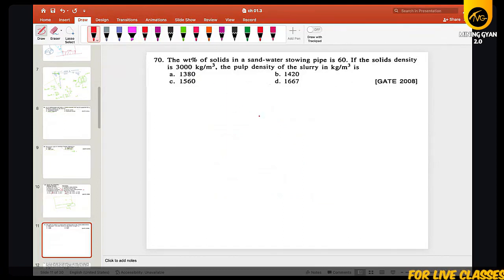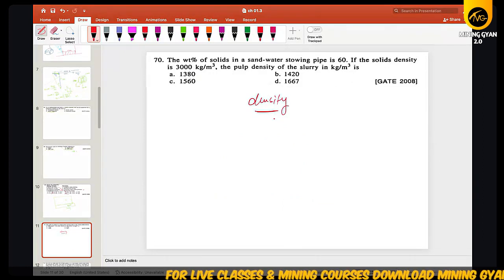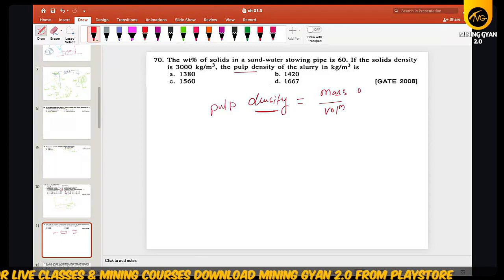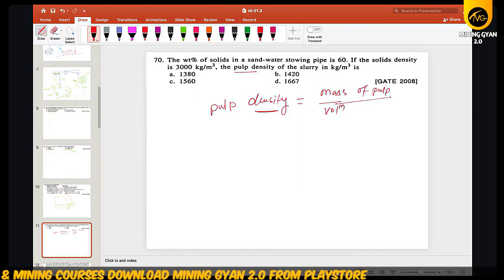The weight of the solid. What is the density? You should know. Density means mass by volume. So here the pulp density is the mass of pulp divided by the volume of pulp.